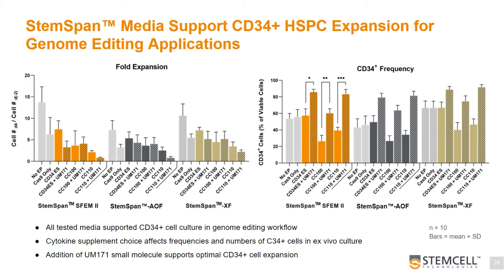Among tested supplements, CD34 expansion supplement stimulated the best cell expansion and frequencies of CD34 cells. Of note here is that cell number is notably lower compared to what's expected in expansion protocols, since this workflow specifies optimal conditions for CD34 cell editing, not expansion.